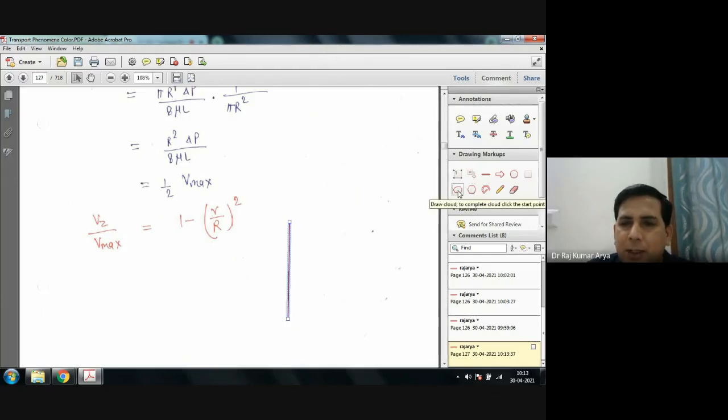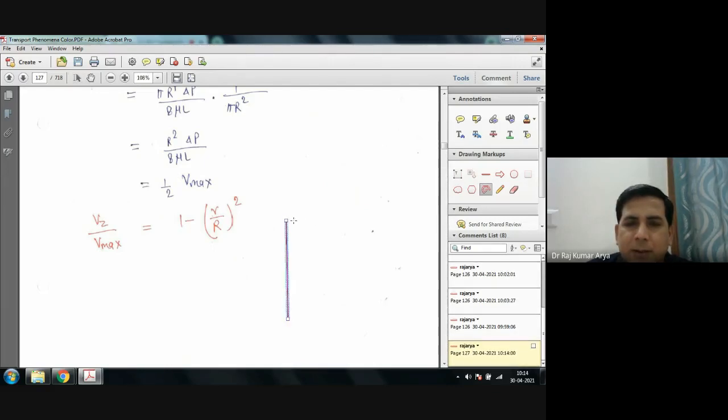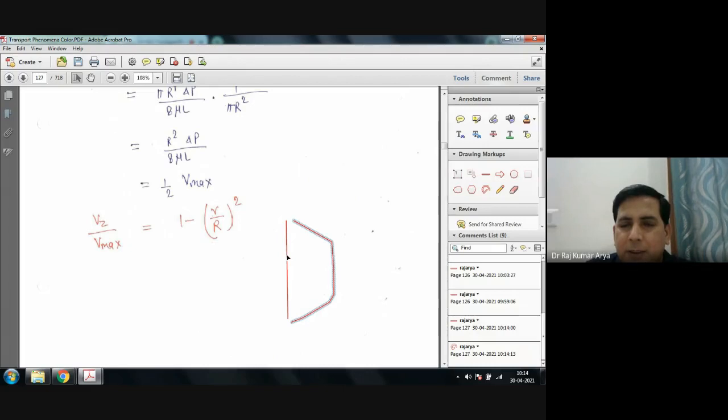Let's see if I can draw it. So this would be a parabola. It's not coming out well actually. It should be parabolic, not like a corner and all this. So it would look something like that.